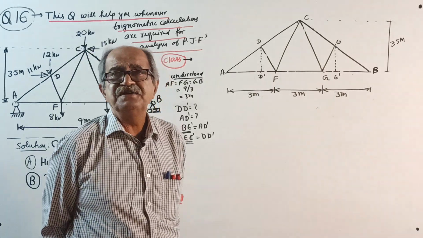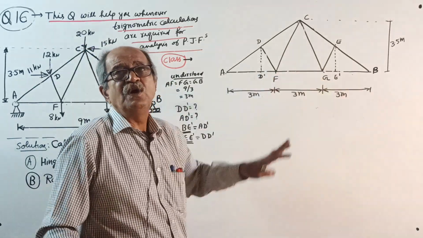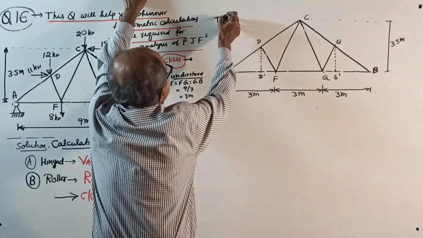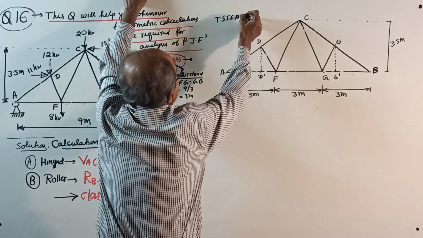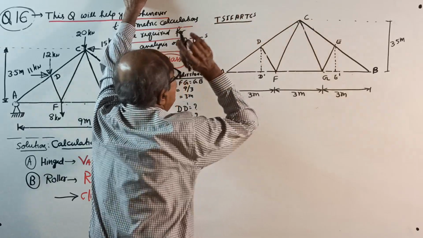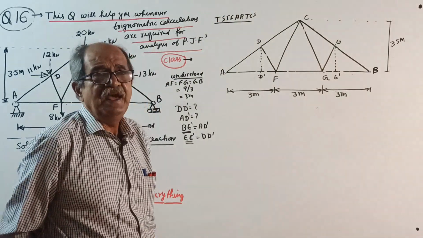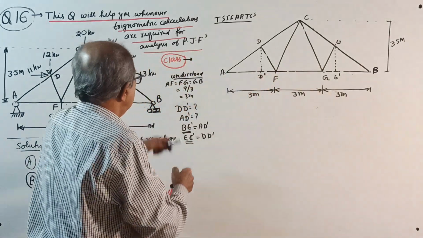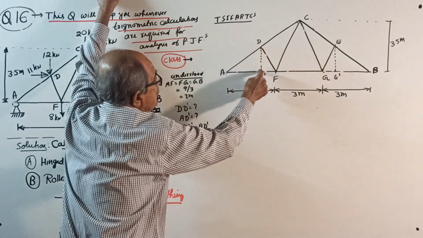So, shall we start reactions now? No. This sketch is not for reaction. This sketch is for all required trigonometric calculations. Now, do you require anything else? For finding reactions, it is sufficient if you get A to D dash and D to D dash.